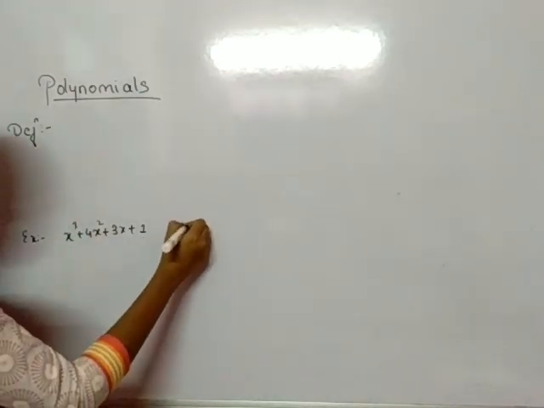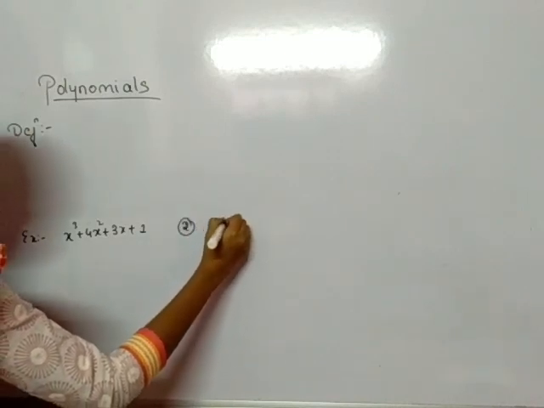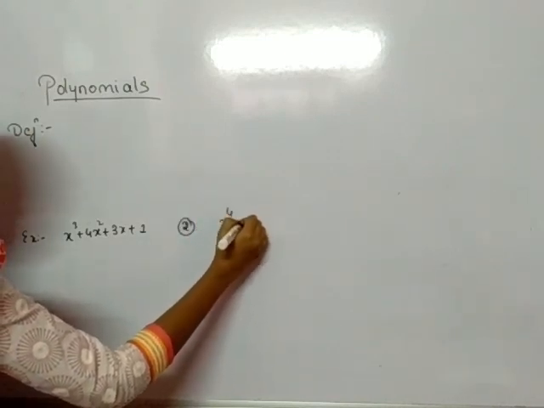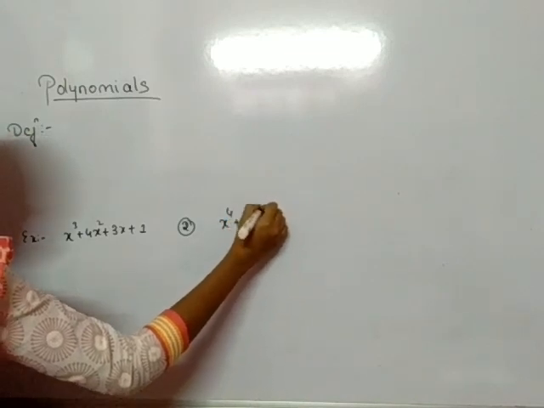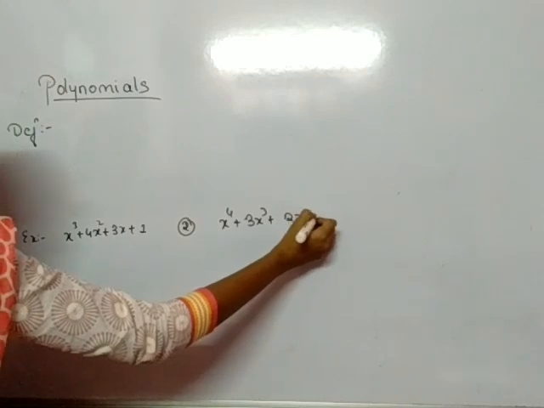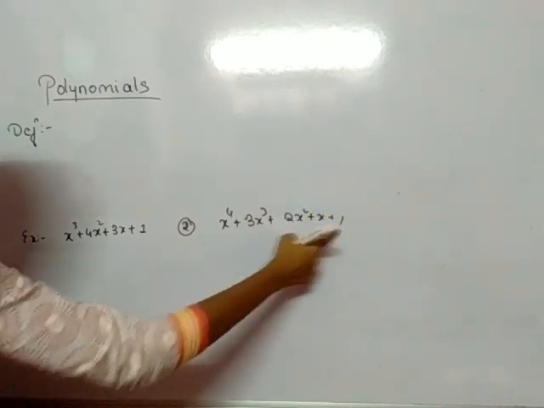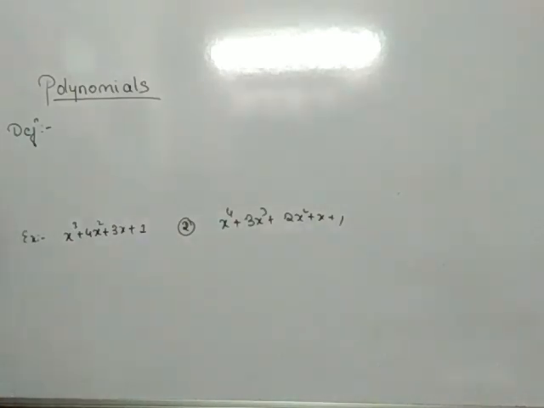We'll see one more example, second example, that is x raised to 4 plus 3x cube plus 2x square plus x plus 1. You can see here it contains 5 terms. Likewise, it can contain n number of terms. Then such types of algebraic expressions are called polynomials.